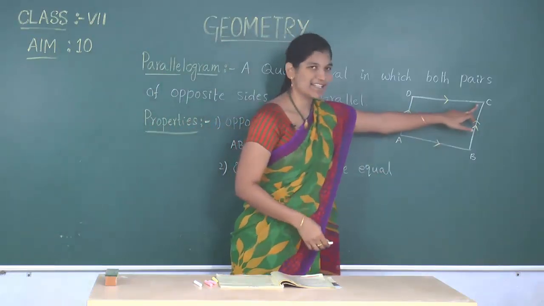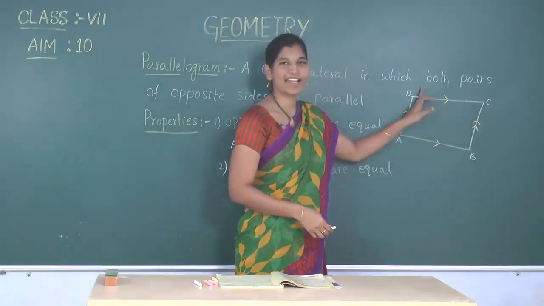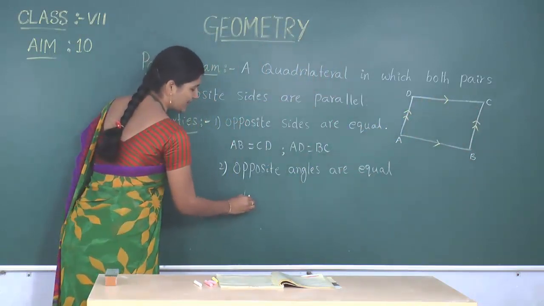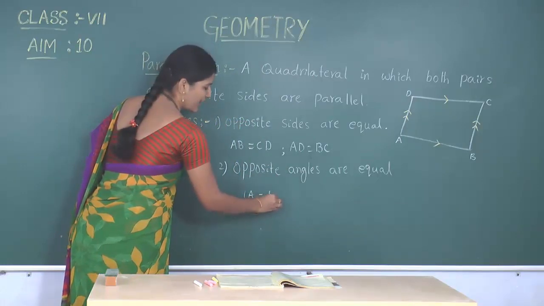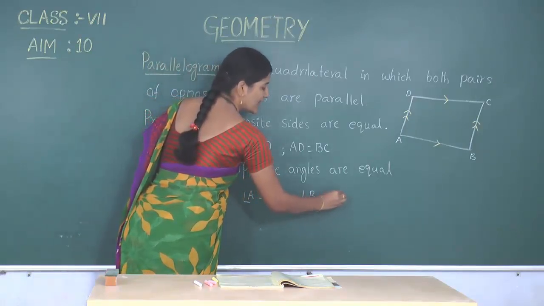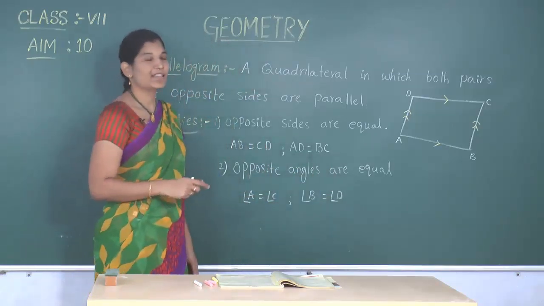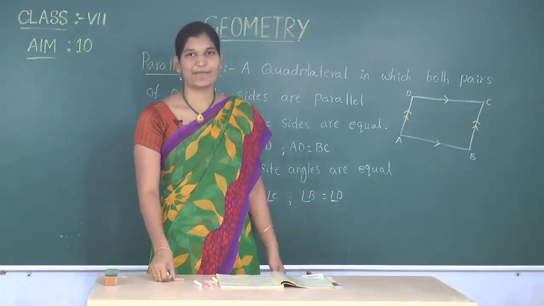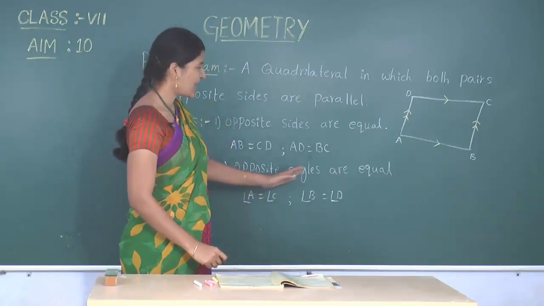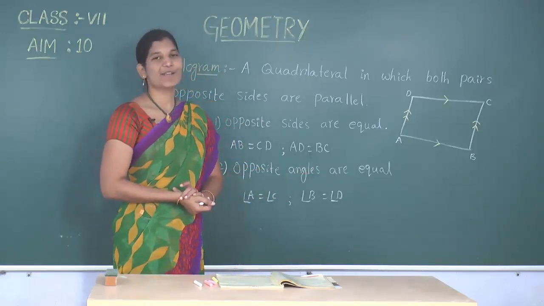A's opposite angle is C, B's opposite angle is D. They are equal. Let me write here: angle A is equal to angle C and angle B is equal to angle D. The first two properties of a parallelogram are: opposite sides are equal, and at the same time, opposite angles are also equal.